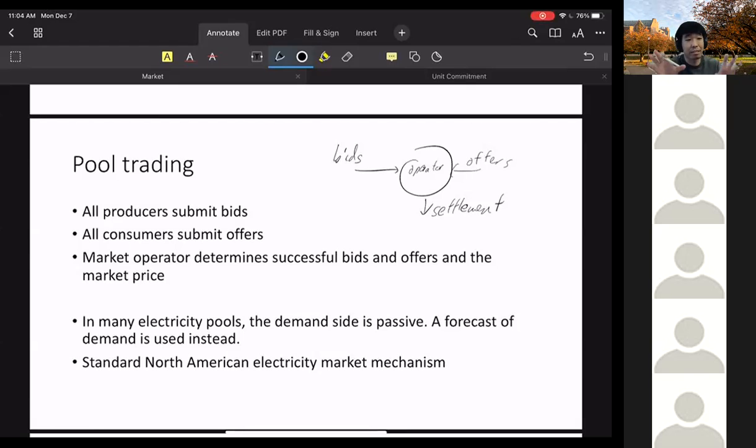So there's a lot of small customers around, and each of them has some bids and some offers, and they just give them to the operator and say, please clear these bids and offers. But the scale of the market is gigantic. This is trillions of dollars being cleared.